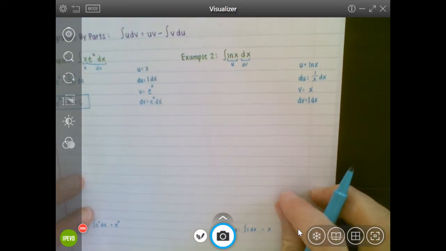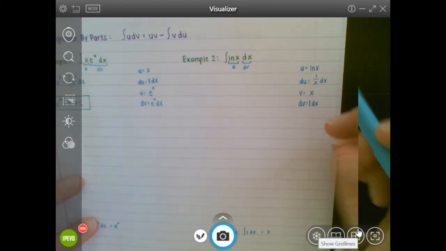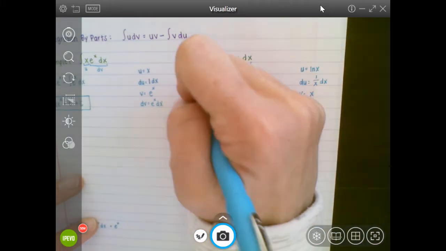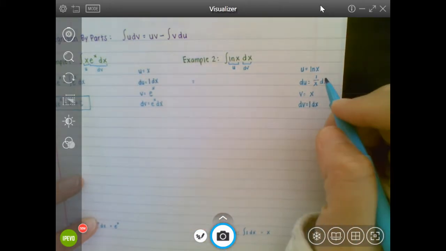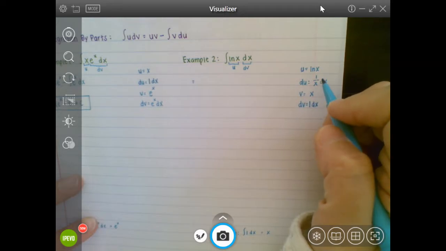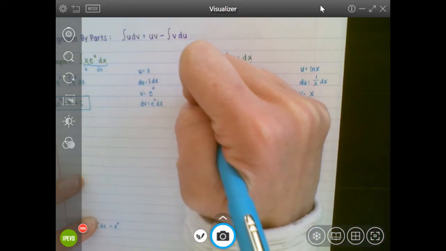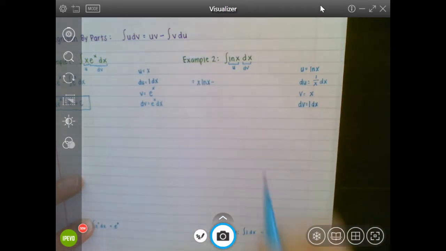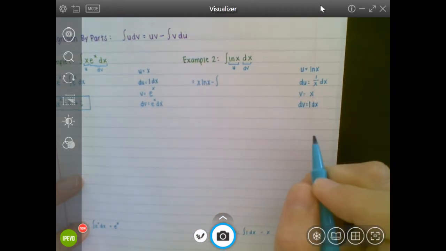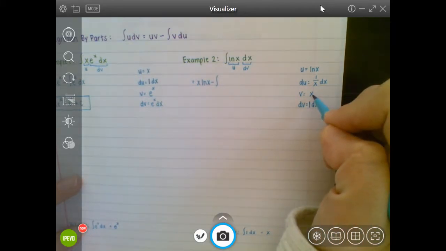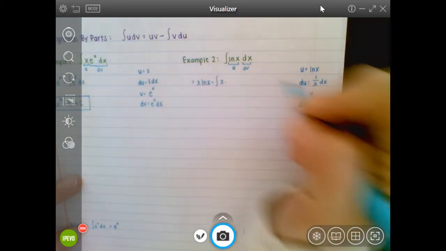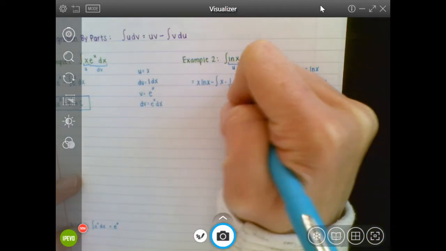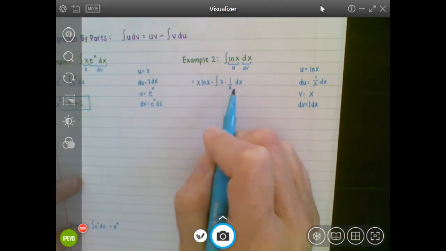So when I go to use my integration by parts formula up here, now that I've got all 4 parts, we'll start off with the product of u times v. So u times v is ln of x times x. I'll just write the x first. So x times ln of x minus the integral of v du. So v is x, and we're multiplying that by the du value here, so times 1 over x dx. And I'm going to definitely clean this up a little bit.